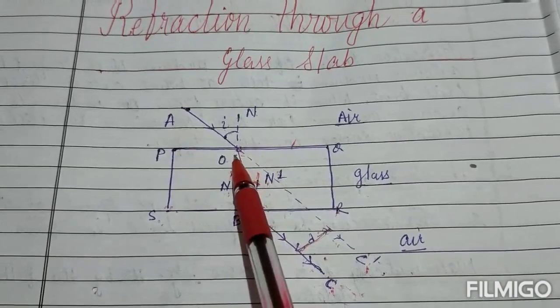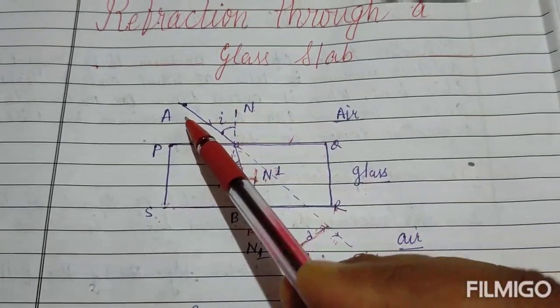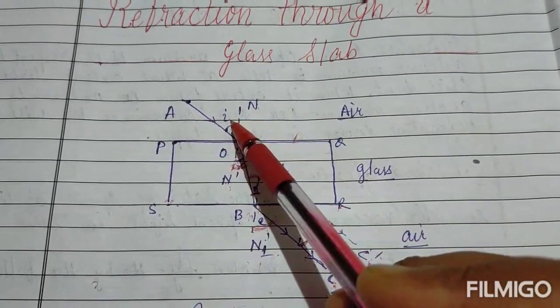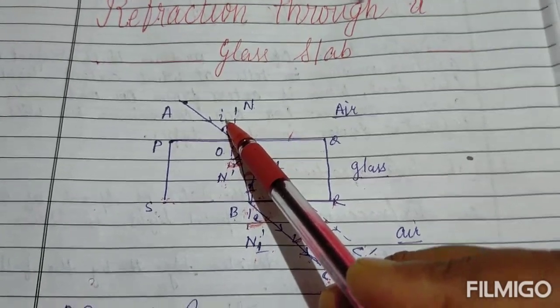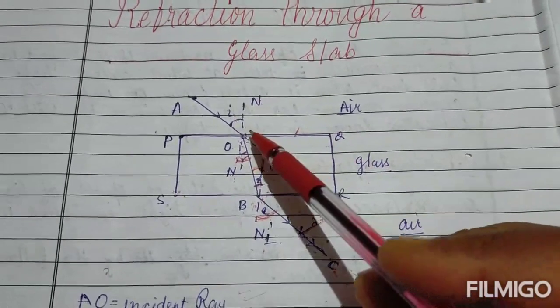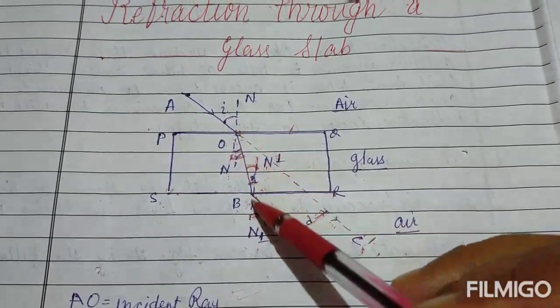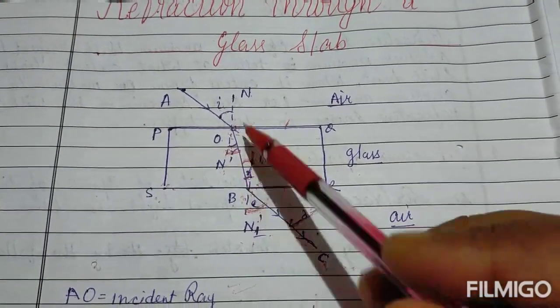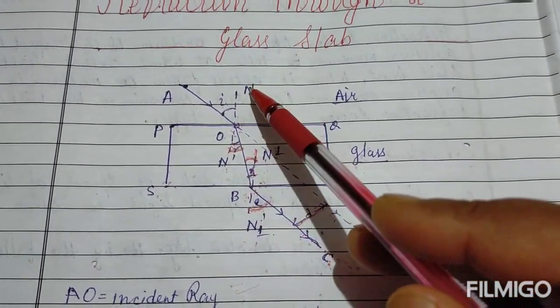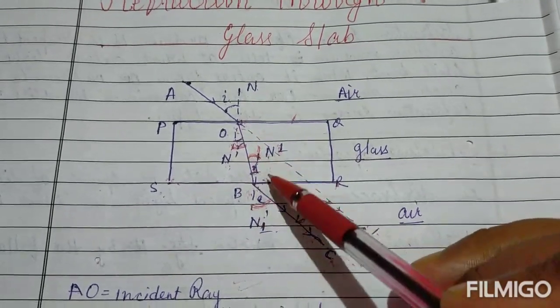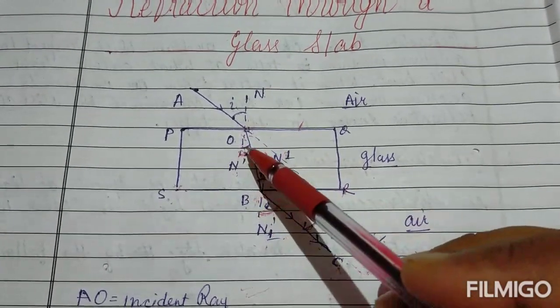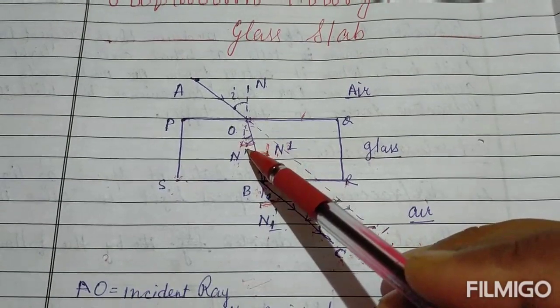AO is the incident ray, angle AON, that is angle I, is the angle of incidence. OB is the refracted ray, and angle BON dash, this is N, this is O, and this is N dash, so BON dash is the angle of refraction.